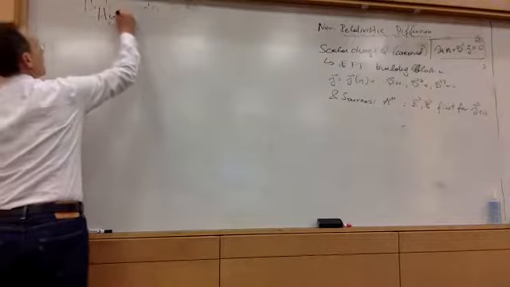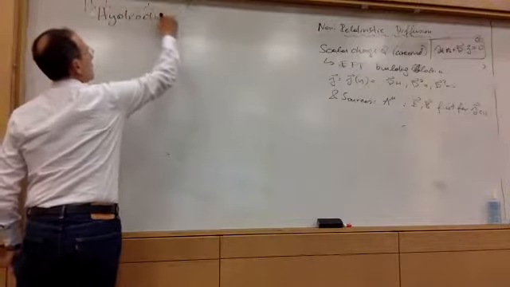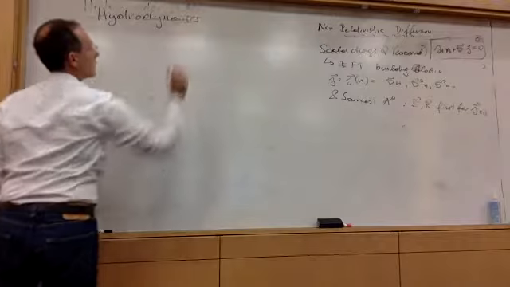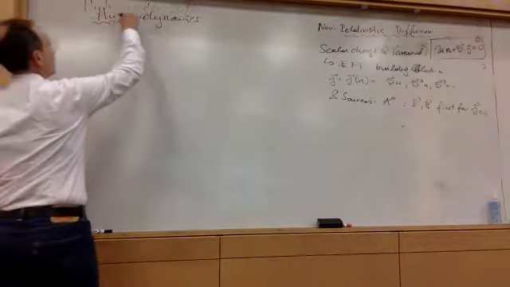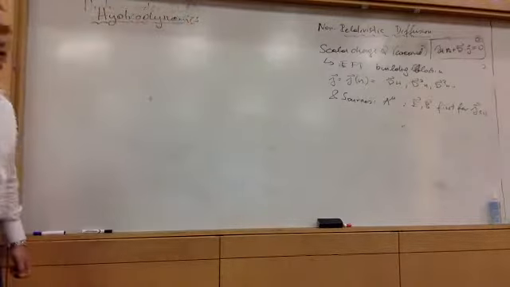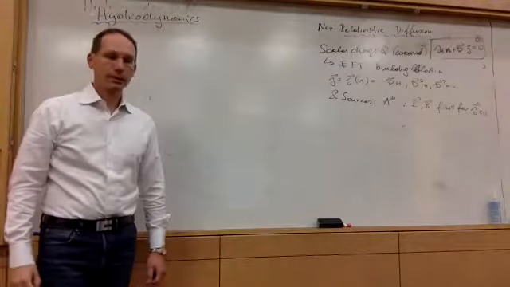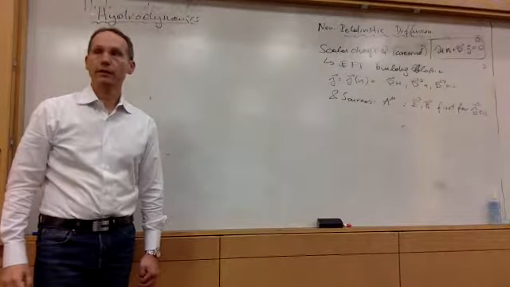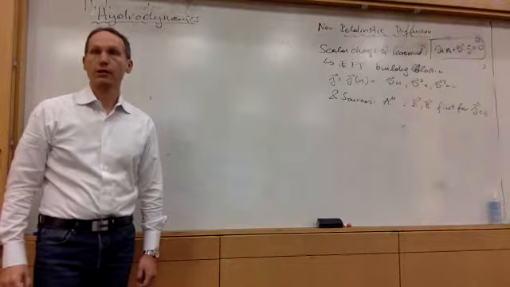So let me talk about hydrodynamics in the same framework. There, hydrodynamics is basically built out as an effective field theory of the conserved quantities, which are energy and momentum.